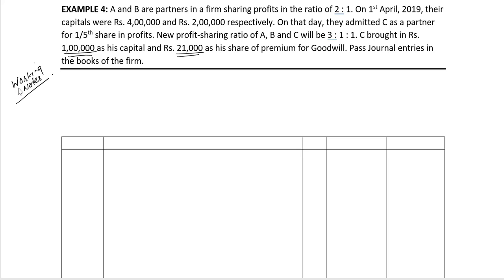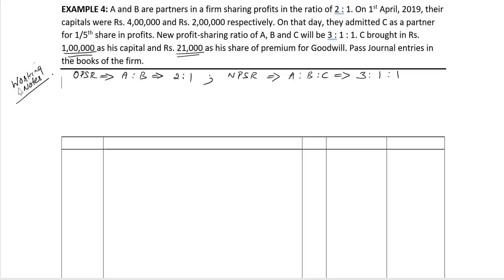Now we need to find out the sacrificing ratio between A and B. We are given that the old profit sharing ratio between A and B is 2 is to 1 and the new profit sharing ratio between A, B and C is 3 is to 1 is to 1.